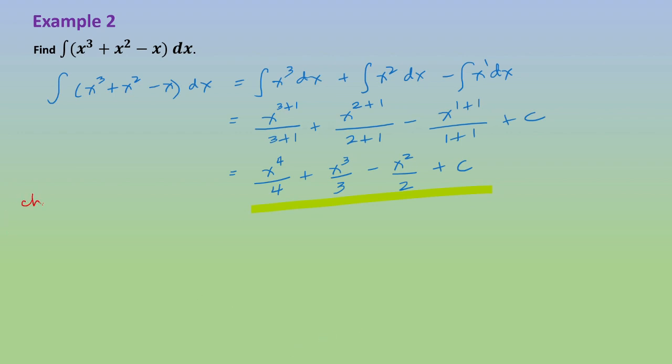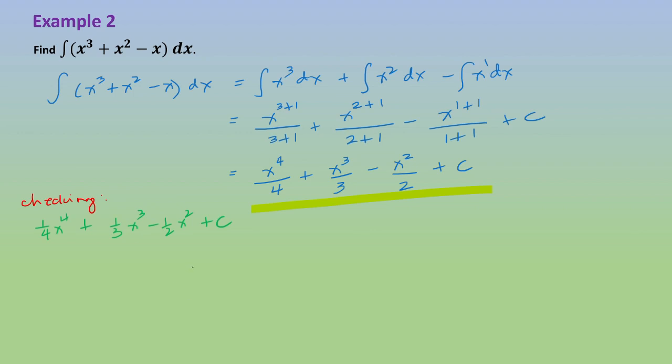We can do checking by getting the derivative of our answer. This can be written as 1/4 x raised to 4 plus 1/3 x cubed minus 1/2 x squared, and then plus c.